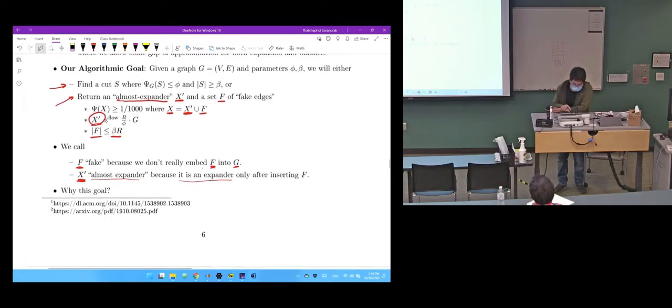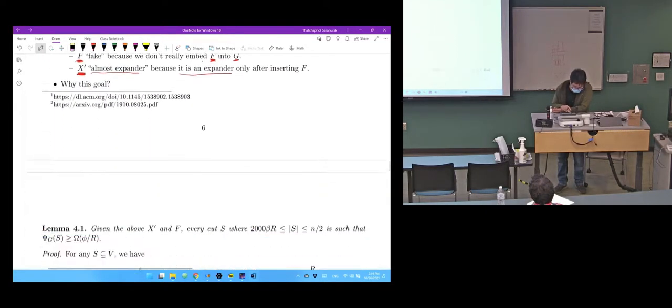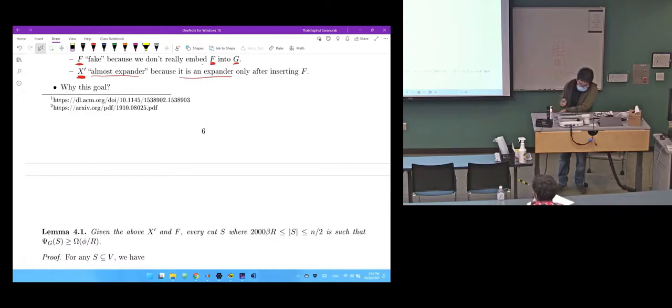Okay. And why this goal? Well, because given this above X prime and F, then we can conclude what we want. We can conclude that there cannot be any cut that is more balanced than beta and much sparser than phi. This is what we're gonna say.